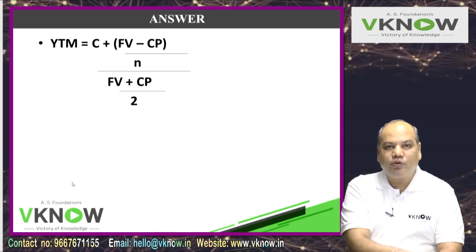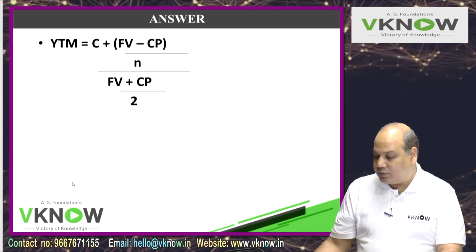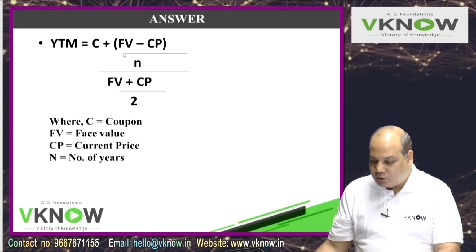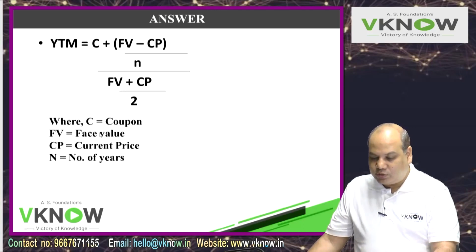1 minus T you will use when there is tax. I will take a taxation-based question also. Plus FV minus CP upon N, upon FV plus CP by 2. Sir, what is FV? Face value. So the meaning of these terms you will write below in this problem. In subsequent problems you are exempted from writing these terms. But in the exam you must write them.